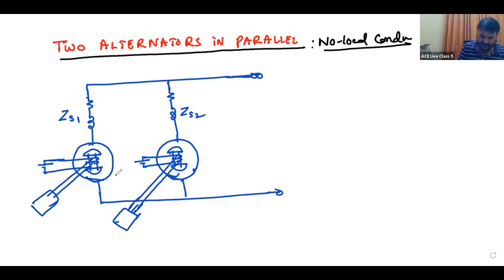This is the generated EMF E1, and this is the generated EMF E2. This is the terminal voltage V, and its frequency f.